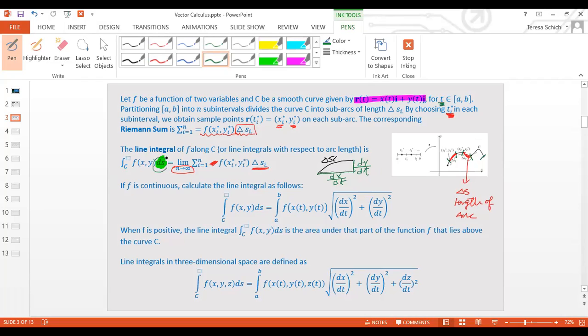So I know the ds here is what? ds, by the Pythagorean theorem, right? You can approximate it. By the Pythagorean theorem here, this is the hypotenuse, so you can approximate this arc length by using the Pythagorean theorem. That's why I have the square root of (dx/dt) squared plus (dy/dt) squared.